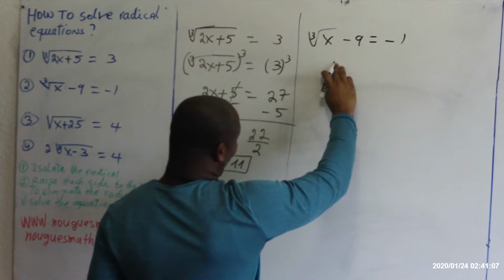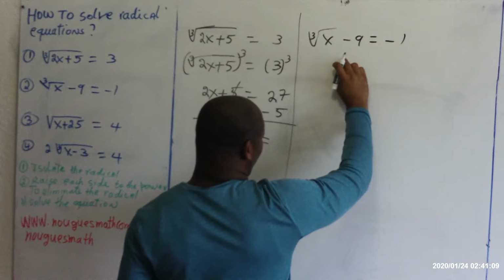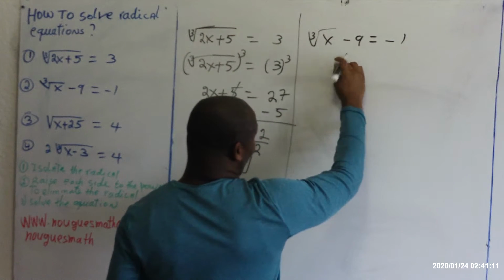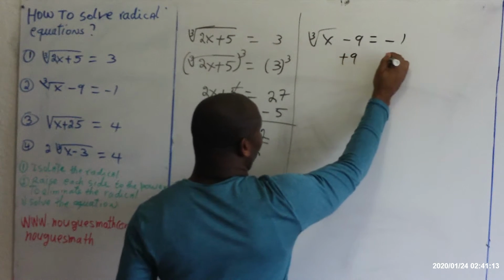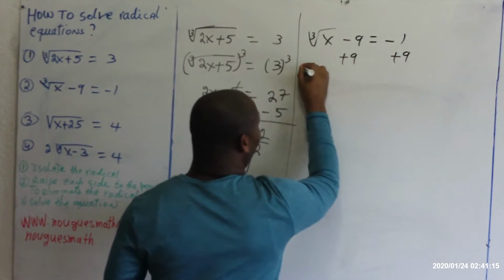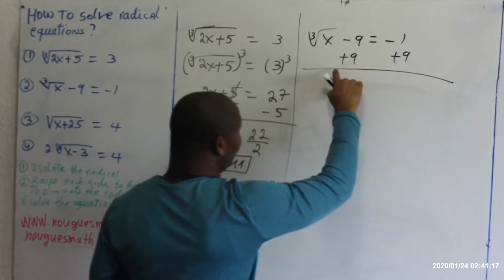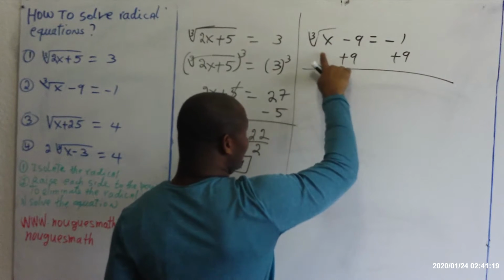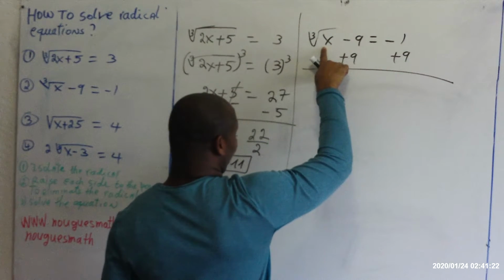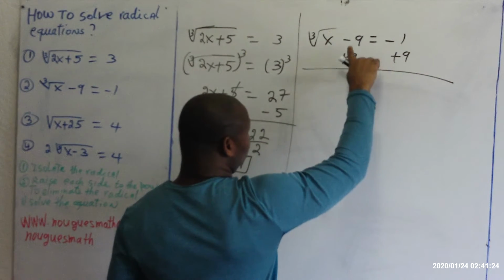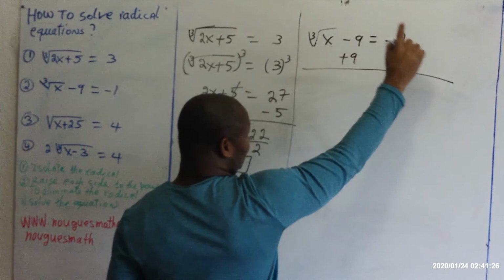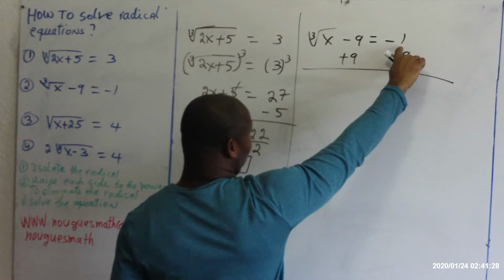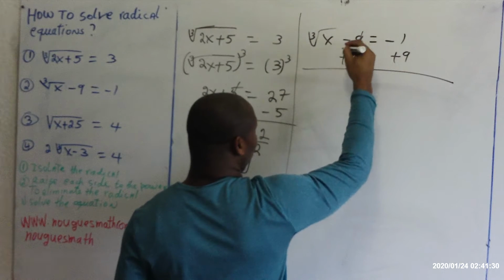What we're going to do first, we're going to add 9 to both sides. Let's add 9, okay? Add 9 to both sides. So when I add 9, I do not add 9 to the radical of x. I add 9 to negative 9 and to negative 1. So that cancels there.